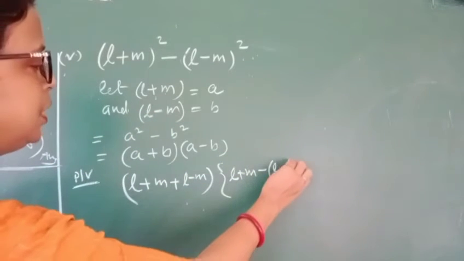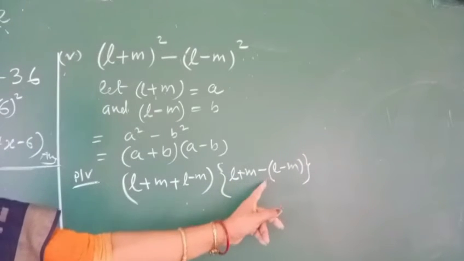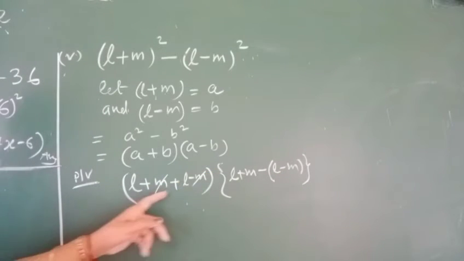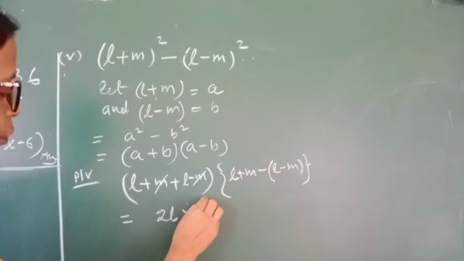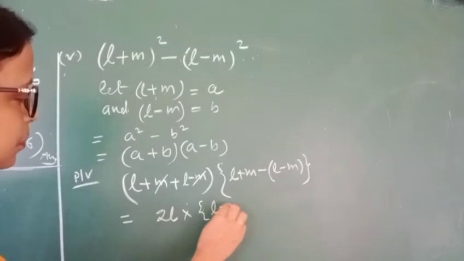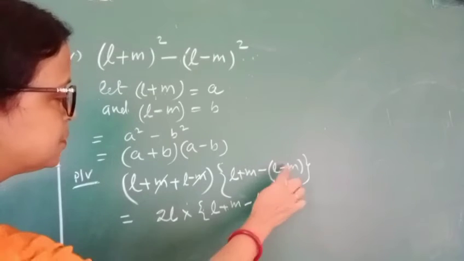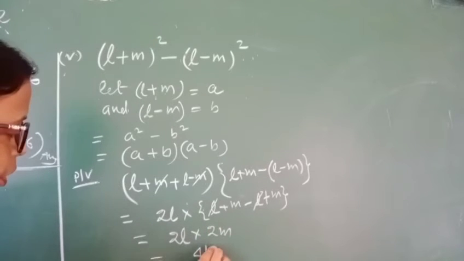I am using another bracket so that when you open the bracket, the sign will be changed. Now you can see that plus m minus m will be cancelled out. 2l is only left here, into, in the second bracket, what is there? l plus m minus l plus m. Now you can see that l and l also cancel out. So what is left here? 2l into 2m, that is 4lm.